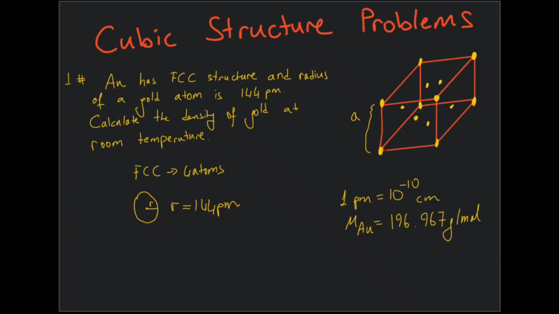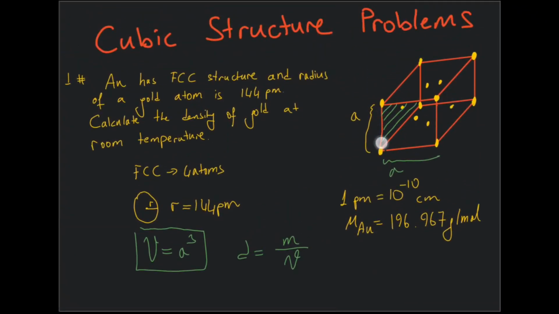But firstly, I want to know the A. Why? A is very important since if I know the A, I can calculate the volume of the cube. And density equals total mass over the volume of the cube, right?